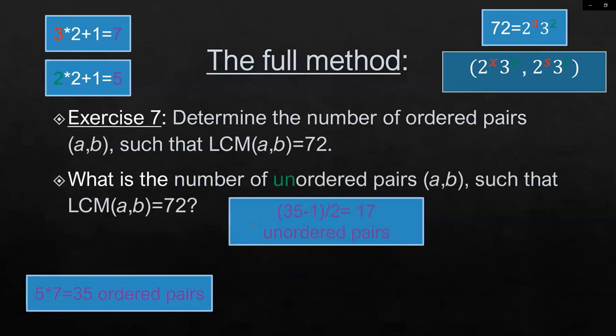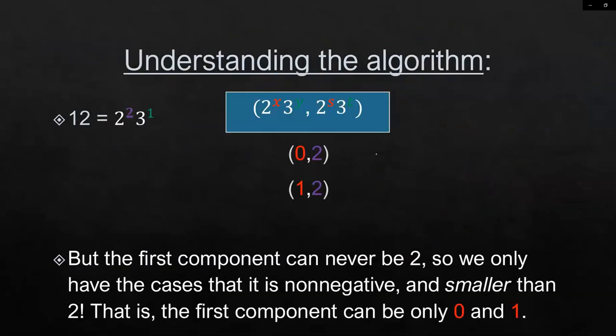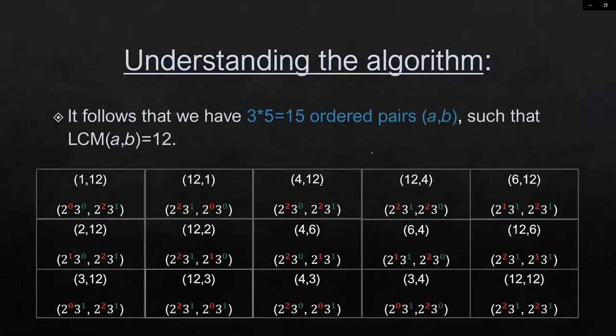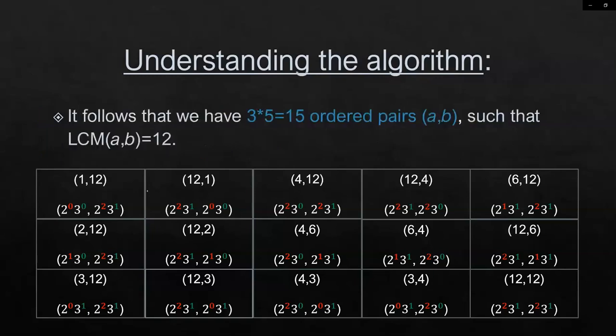Now, I want to stop here because this is a lot of information. I'm going to briefly repeat the algorithm in the next session, before we start. This is basically the idea of this technique: instead of finding the actual pairs, we just find all the possibilities for those exponents.